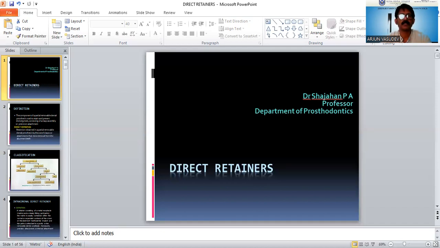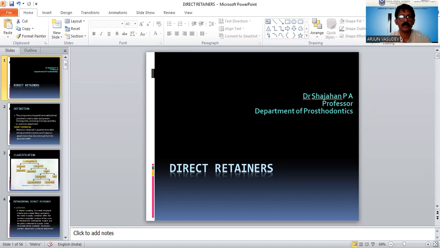Reciprocation: we already discussed the mechanism by which the lateral forces generated by the retentive arm passing over a height of contour are counterbalanced by the reciprocal arm passing along the reciprocal guideline.